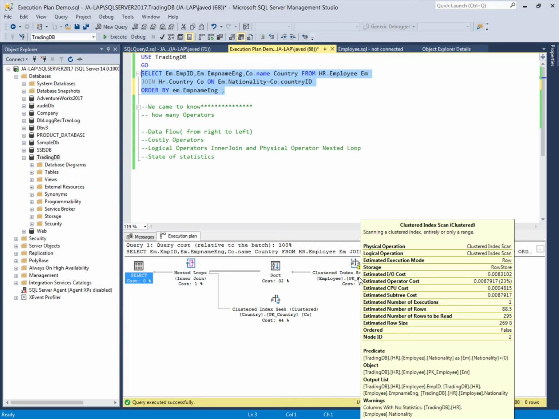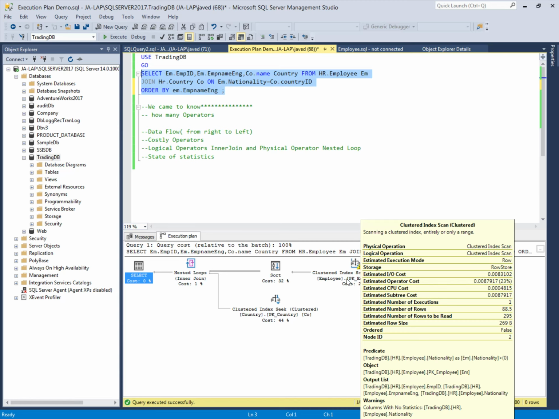There are physical operations and logical operations. The logical operation is an operation which builds a conceptual plan, like inner join is an example of a logical operator, and the physical operator is the operator which is used to implement the conceptual plan generated by the logical operators.